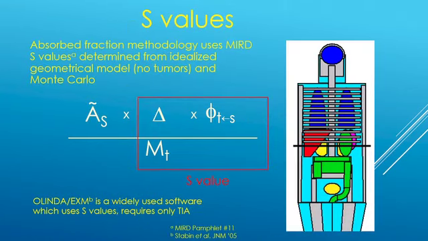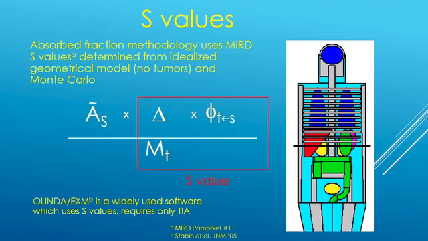And what the MIRD committee did a long time ago now is that they took a look and they said, you know, this delta is constant. It's a property of the isotope. That's the energy per disintegration. The fraction of going from one organ to the other should be pretty much standard for a standard human being. And the mass, if you use reference human values, is going to be about the same.